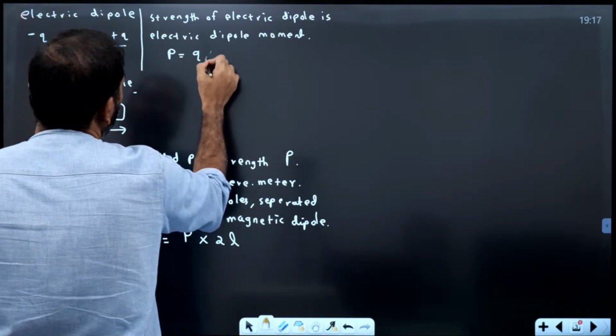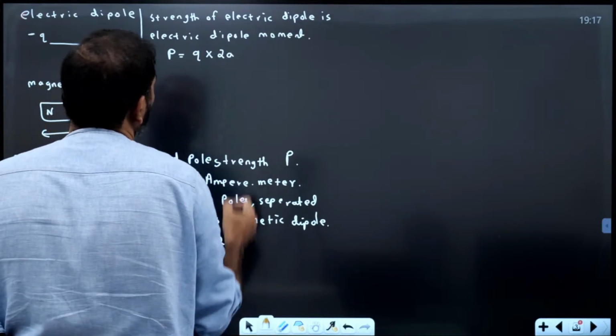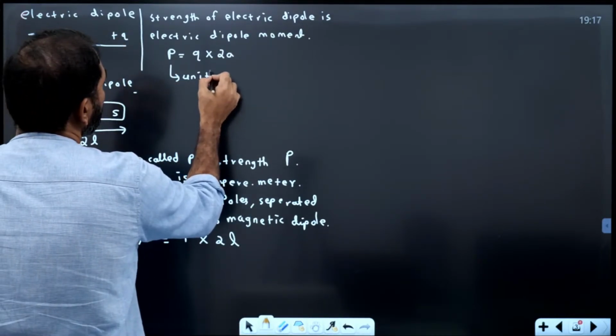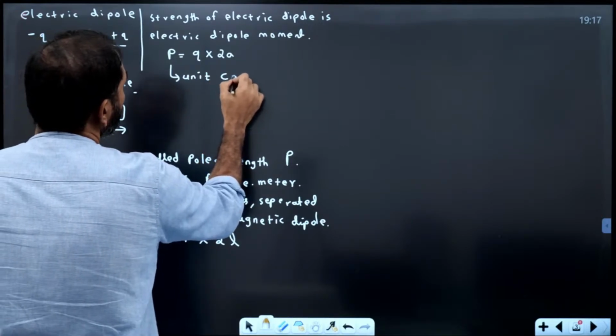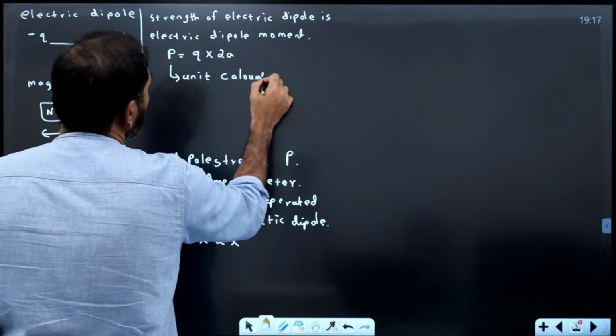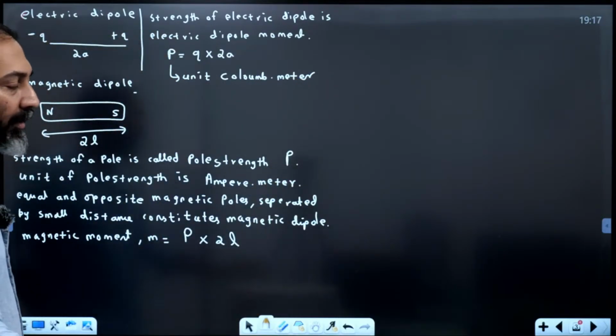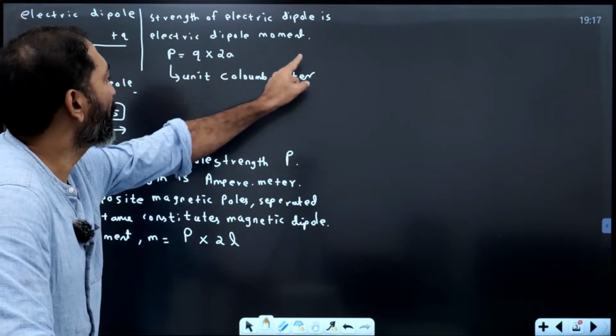Q into 2A. So what will be the unit of P? Unit of electric dipole moment: charge unit is coulomb, distance unit is meter. Coulomb meter. In the first chapter, P is the electric dipole moment.